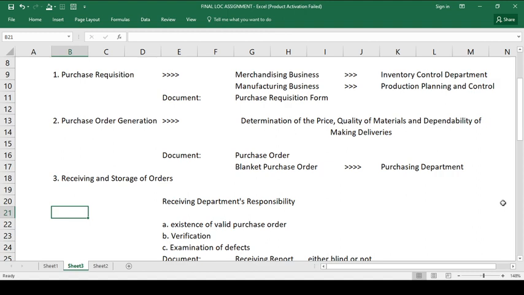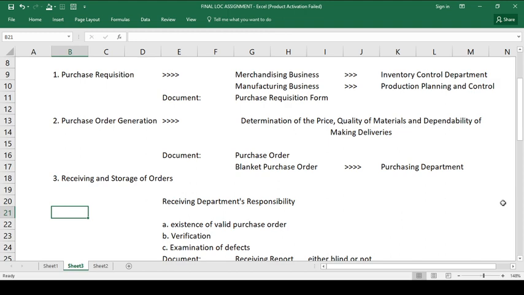Why? Because before it enters the company, the company will not incur losses from those defects.